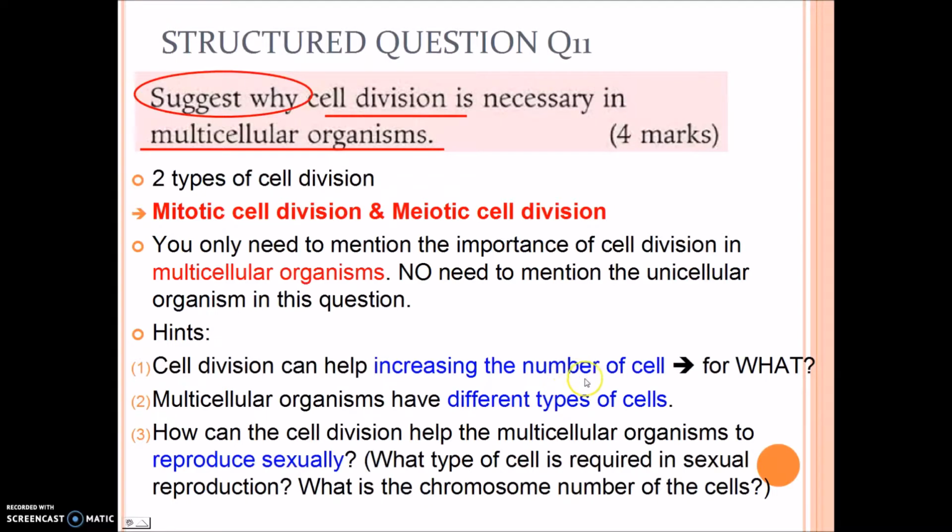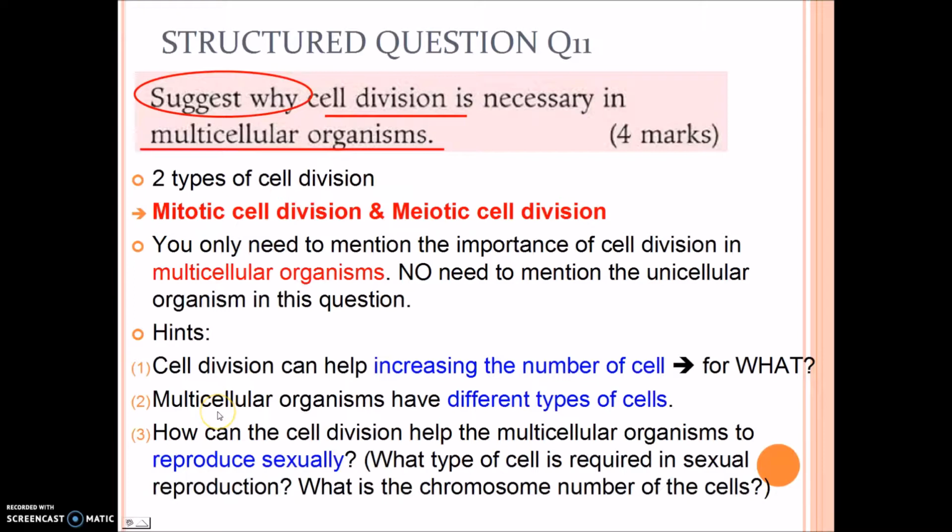Making new cells for what? That's the first significance you need to tell me. Of course, you need to do some matching first: increasing the number of cells is done by mitotic cell division or meiotic cell division, you need to tell me.